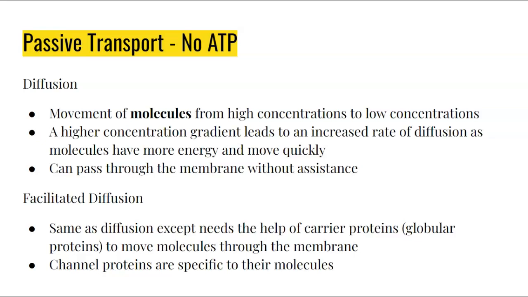Facilitated diffusion is the exact same thing as regular diffusion, but instead of just moving freely through the membrane, these particles are a little bit too large, and so they need to go through a carrier protein to actually move through the cell membrane.